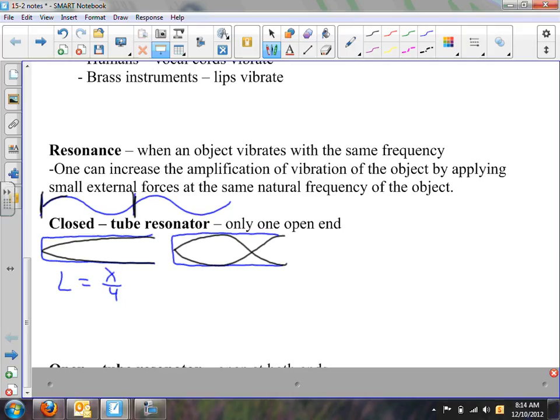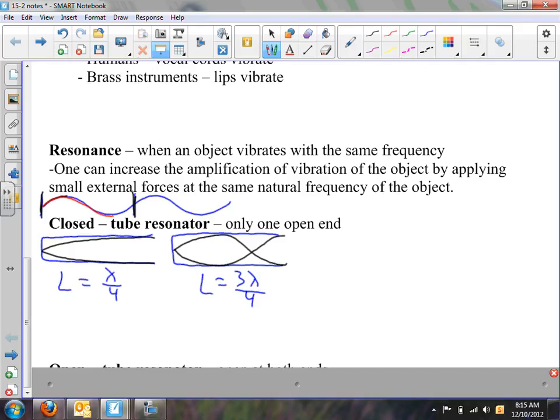The parameters are still fit where we have a node at the left end and an antinode at the right end. But what does that wave pattern correspond to? Well, if you follow along, we went up, we went down, and we got to about here. So that would be 3/4 of a wavelength.